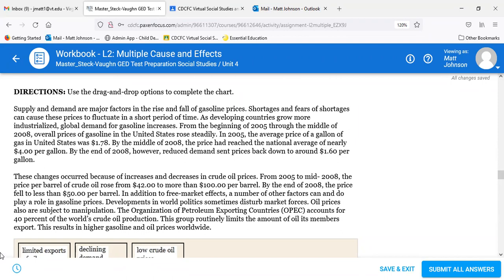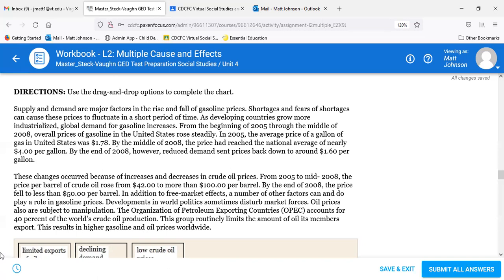By the end of 2008, however, reduced demand sent prices back down to around $1.60 per gallon. These changes occurred because of increases and decreases in crude oil prices. From 2005 to May 2008, the price per barrel of crude oil rose from $42 to more than $100 per barrel. By the end of 2008, the price fell to less than $50 per barrel.